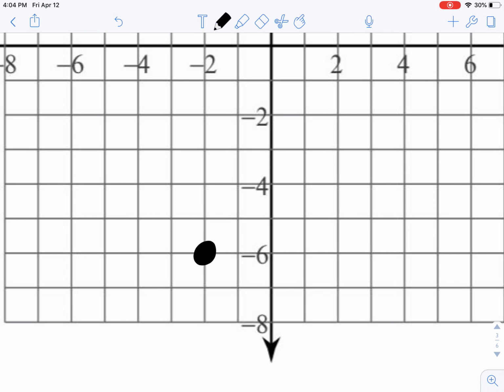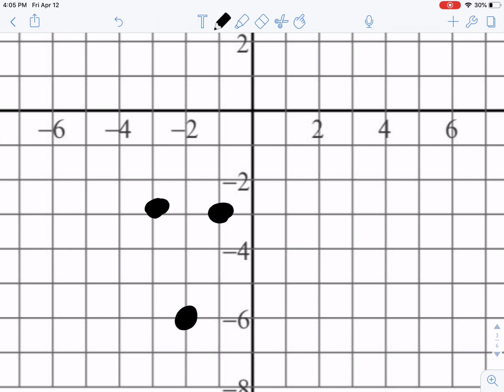So instead of going over 1, up 1, I go over 1 from the vertex, up 3, because everything's going to be multiplied by 3. Over 1, up 3. So this parabola is going to be rather skinny. And then over 2, instead of going up 4, I have to do times 3. So 4 times 3 is 12.